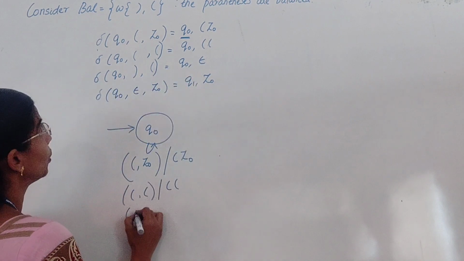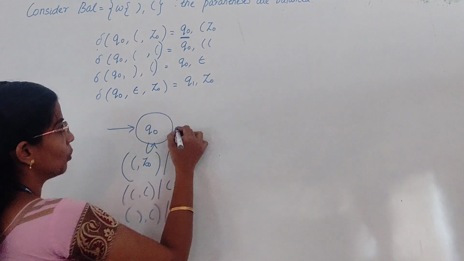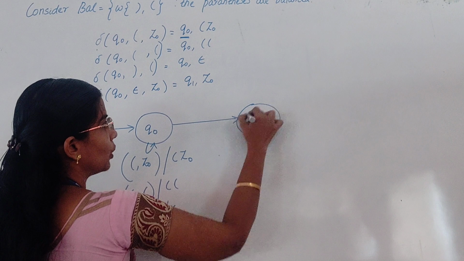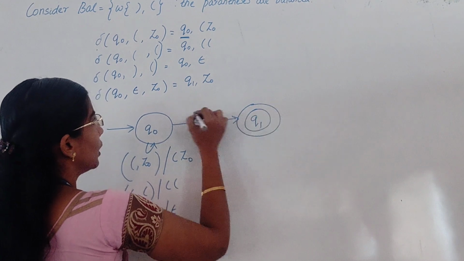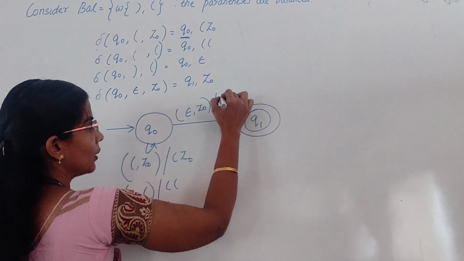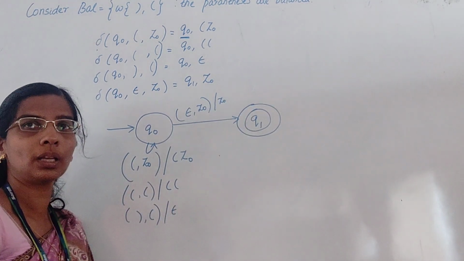Next this is also close parenthesis, open parenthesis. Operation is pop. Here it is Q1, Q1 is your final state, epsilon comma Z naught, and it is Z naught. Hope it is clear. Thank you.